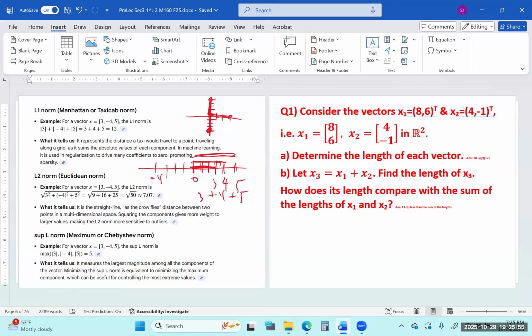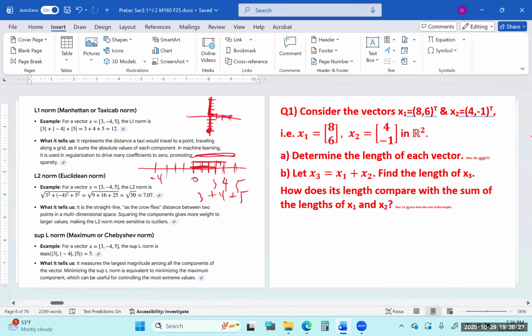Okay, so one example. Let's say we have two vectors. One is 8, 6, column-wise, and one is 4, -1, column-wise in R2. It says find the length for each vector, and then add the two vectors, find the length of the sum, and then compare the length of the sum with the sum of their lengths.